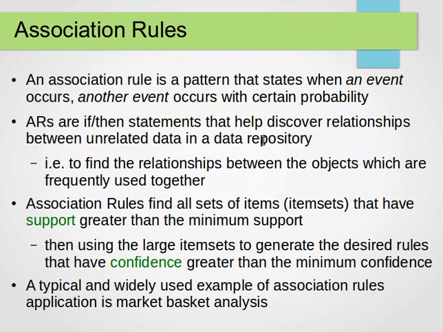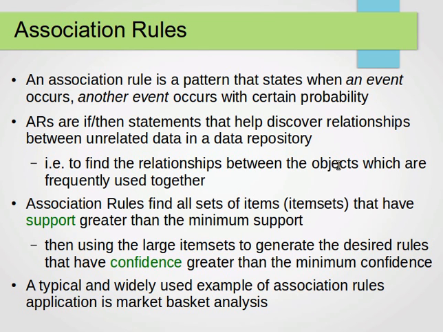When we say if-then statements, it means the same as the first definition, i.e., if event X happens, then event Y also happens, or the other way around. What that means is we are trying to find the relationships between objects which are frequently used together.